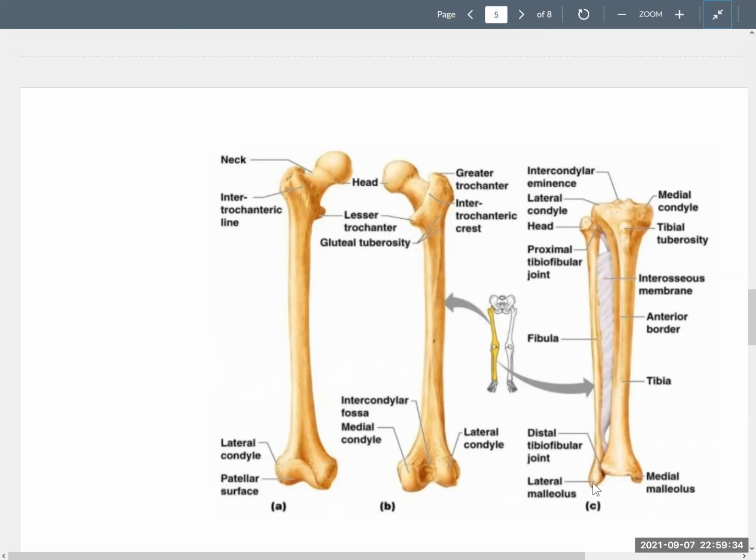Here's the lateral malleolus. These two form an arch that will hold the foot, much the way that the styloid processes of the radius and the ulna did for the hand.